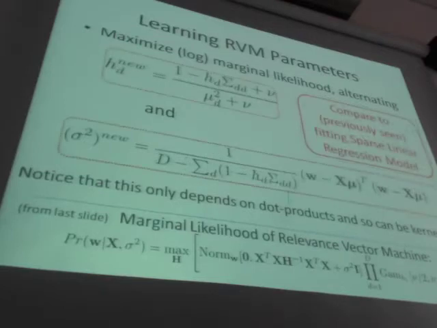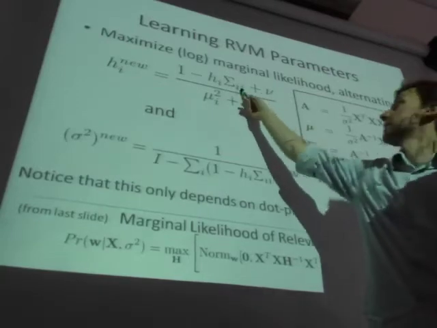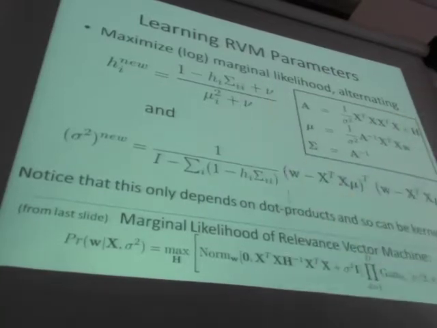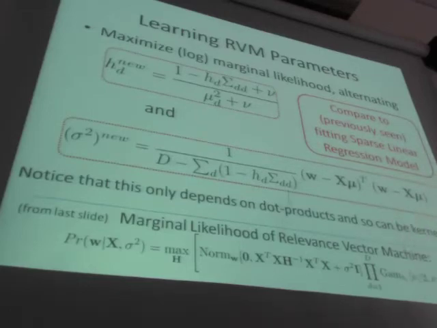What are you seeing changing most between these? Speak up. The D's versus the I's. So our RVM is looking at the weights in terms of the I's, in terms of which training example I is being weighted how, whereas the sparse linear regression model was looking at the D's, the different dimensions D.